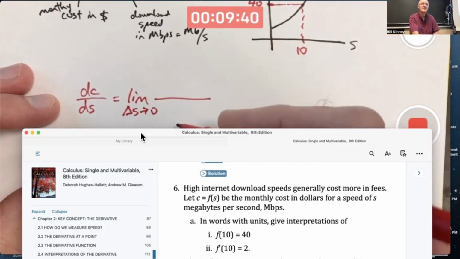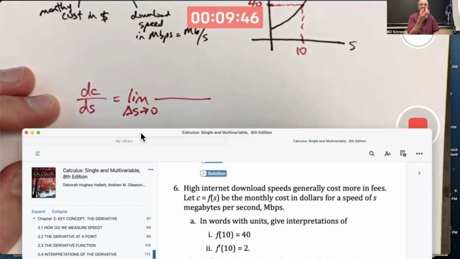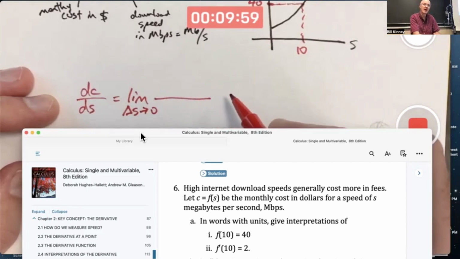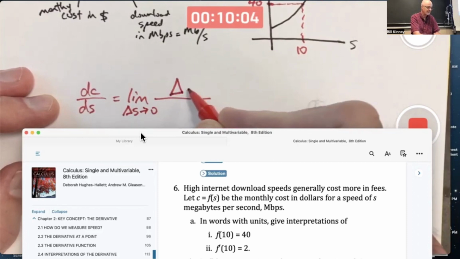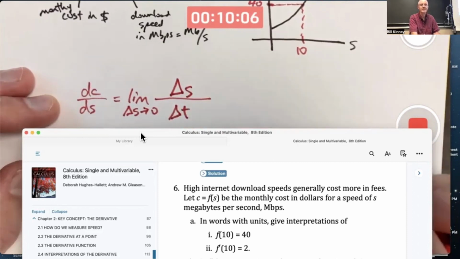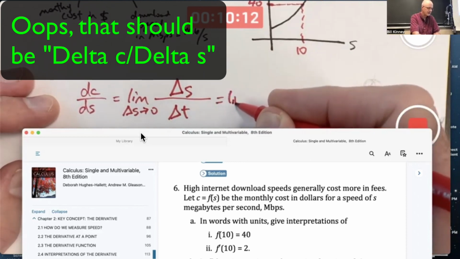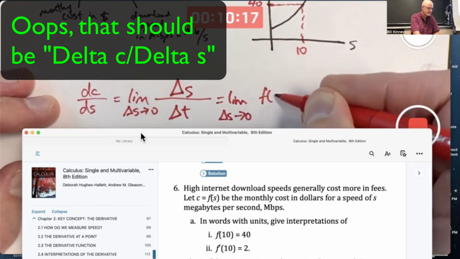Delta s, the change in the independent variable, is the same idea as h, letting the independent variable change a little bit. Before we wrote f of a plus h minus f of a all divided by h. In a shorthand form, that could be written as delta C over delta s. If I wrote this with function notation, it really does mean the same thing as this.